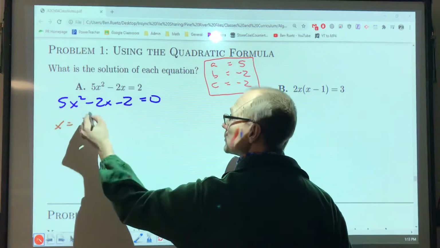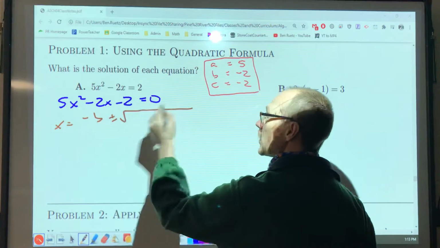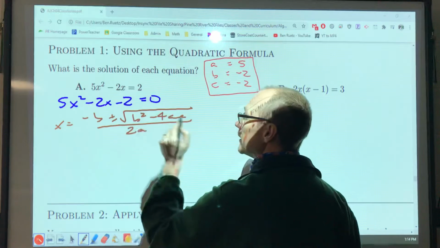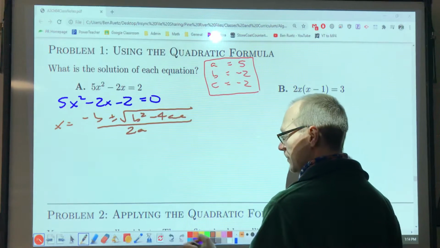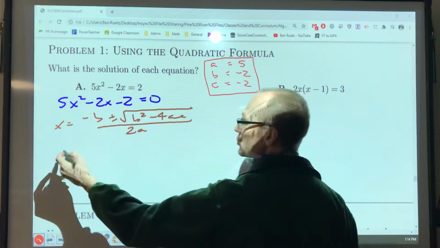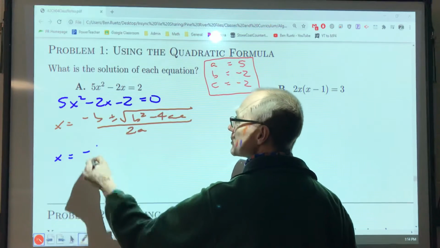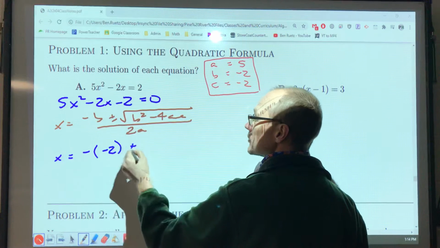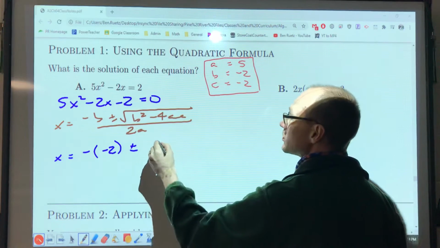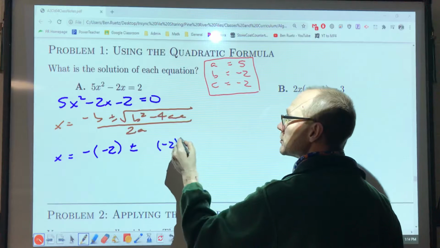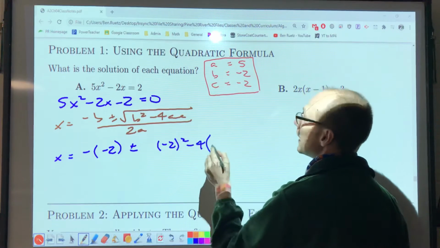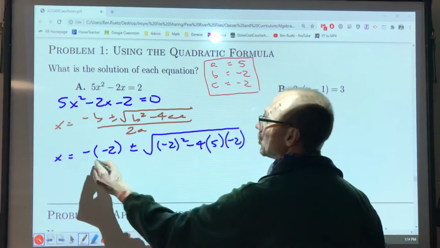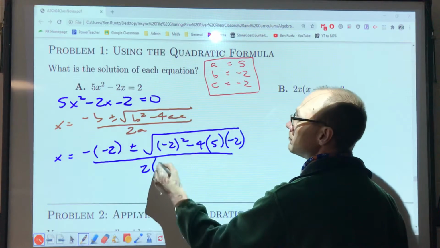So now I can use the formula, and I'm going to write it down. x equals the opposite of b plus or minus the square root of b squared minus 4ac all divided by 2a. Now I can dump the numbers into that formula. So I have the opposite of b is negative 2, plus or minus the square root of b squared, that's negative 2 squared, minus 4 times a times c, all divided by 2a.